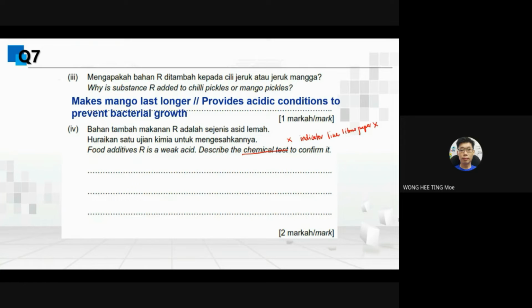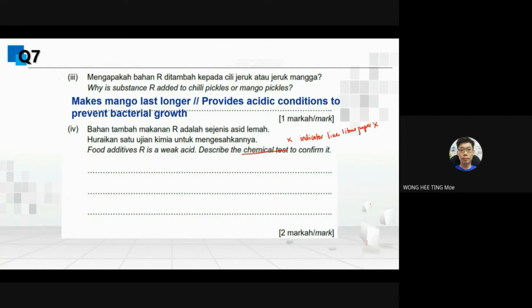Okay, then if you want to mention about the chemical test, action and then observation. So what can you observe? Effervescence occurs. Okay, so if 3 marks, you can test the gas also, right? Besides a magnesium ribbon, use a reactive metal like zinc, magnesium.